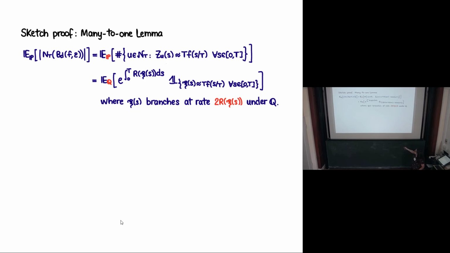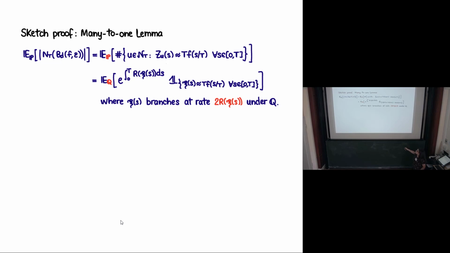Why does this behave nicely? Because the rate is going to be evaluated at the particle position, so it's random. The power of this is we end up with the indicator that the spine is close to f. So the spine cannot be just randomly anywhere, it's going to be close to f.